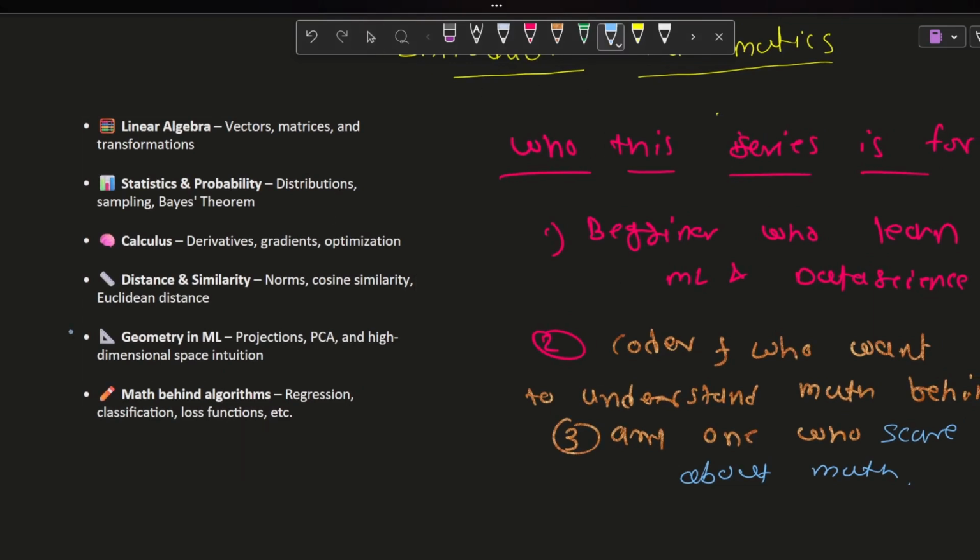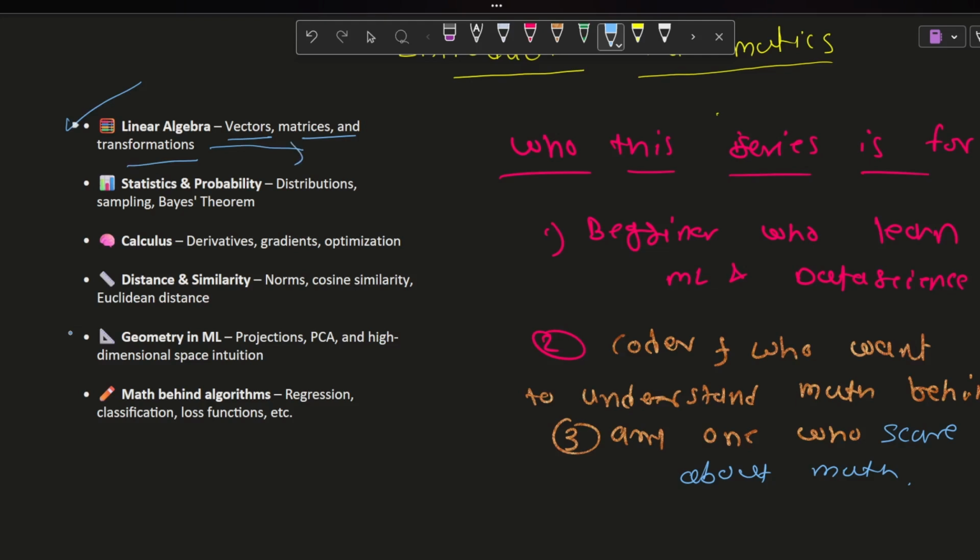The first topics that we are going to learn one by one: the first one is linear algebra. Linear algebra means vectors, matrix, and transformations.